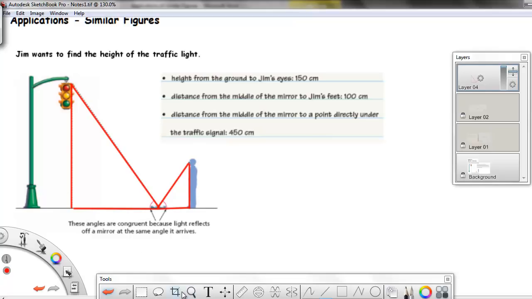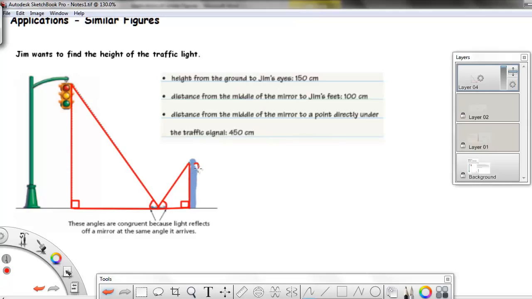Now this is a 90-degree angle right here. There's a 90-degree angle right here. So the idea is if you have two triangles that have congruent angles, it means that the two triangles have to be proportional.